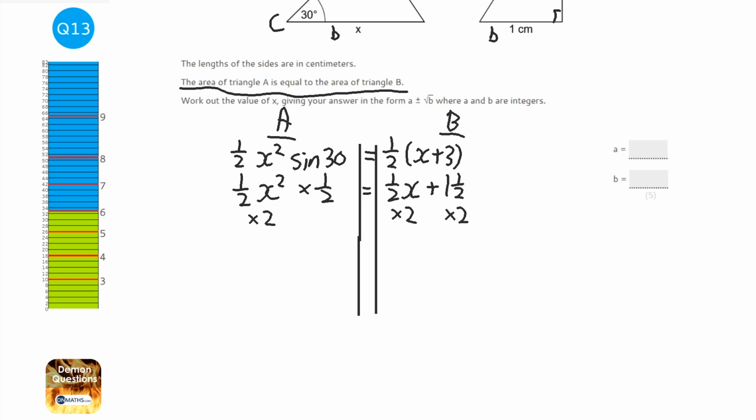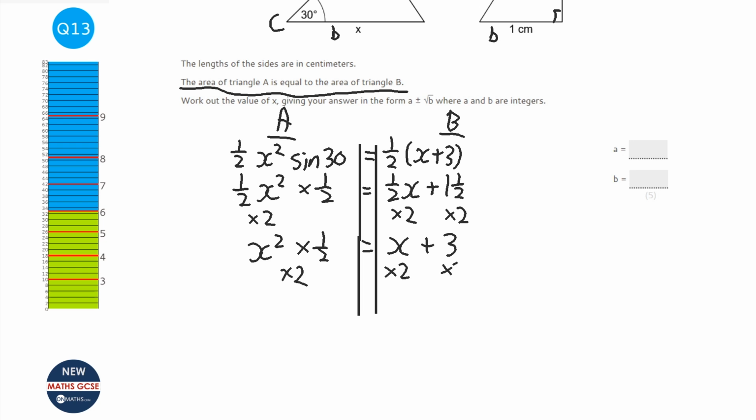Okay, so here we have x squared times a half equals x plus 3. Cool, right, okay, so next I'm going to times everything by 2 again, actually. Should times everything by 4. Get rid of the half. So we've got x squared equals 2x plus 6.